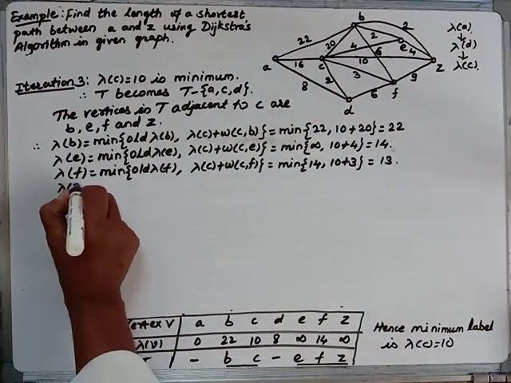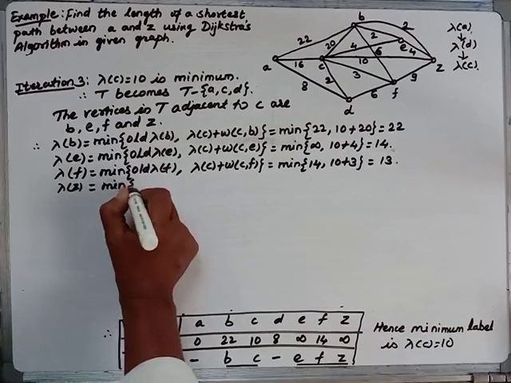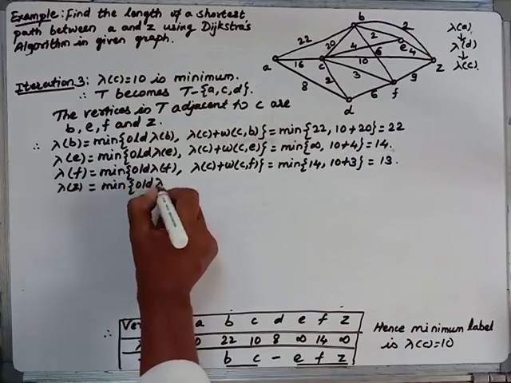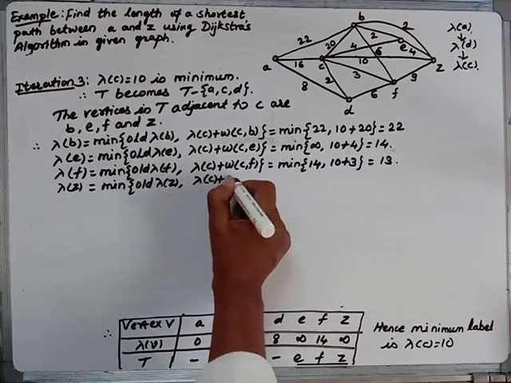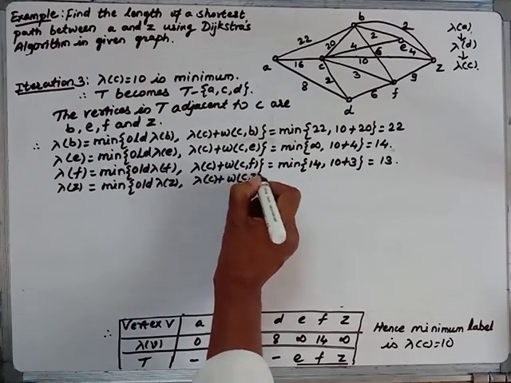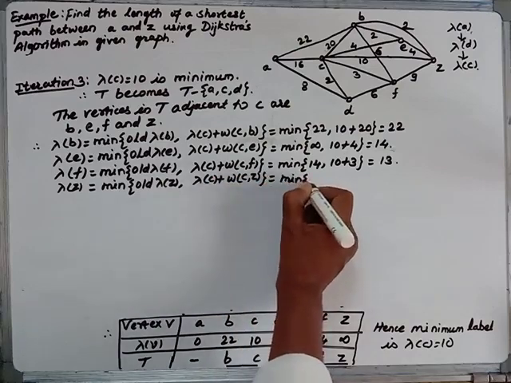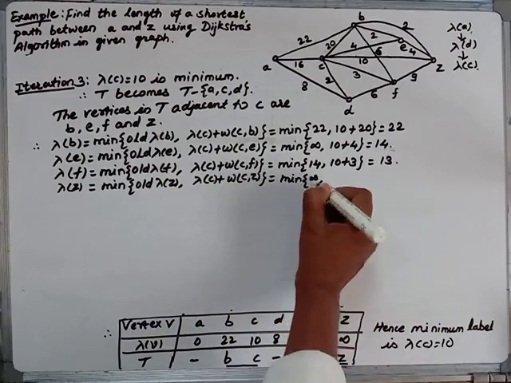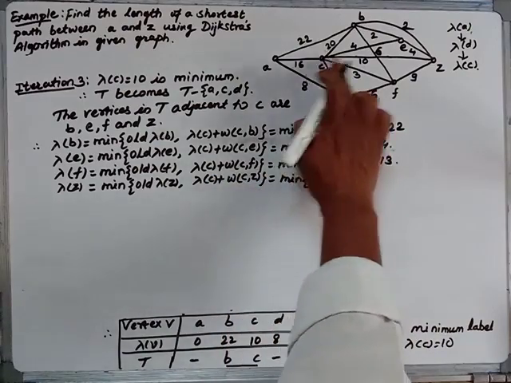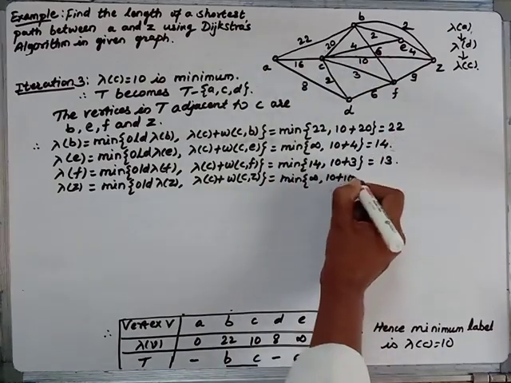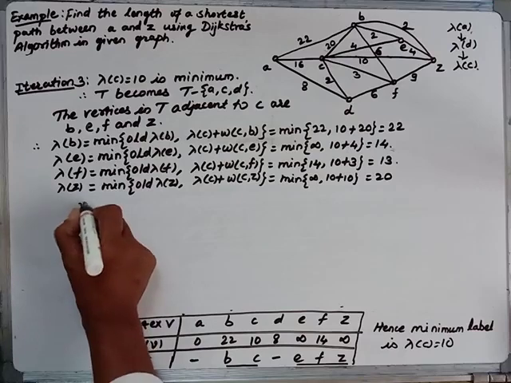Then lambda of Z is the minimum of old lambda of Z, which is infinity, and lambda of C, 10, plus weight of the edge from C to Z, which is 10. So it is 20.